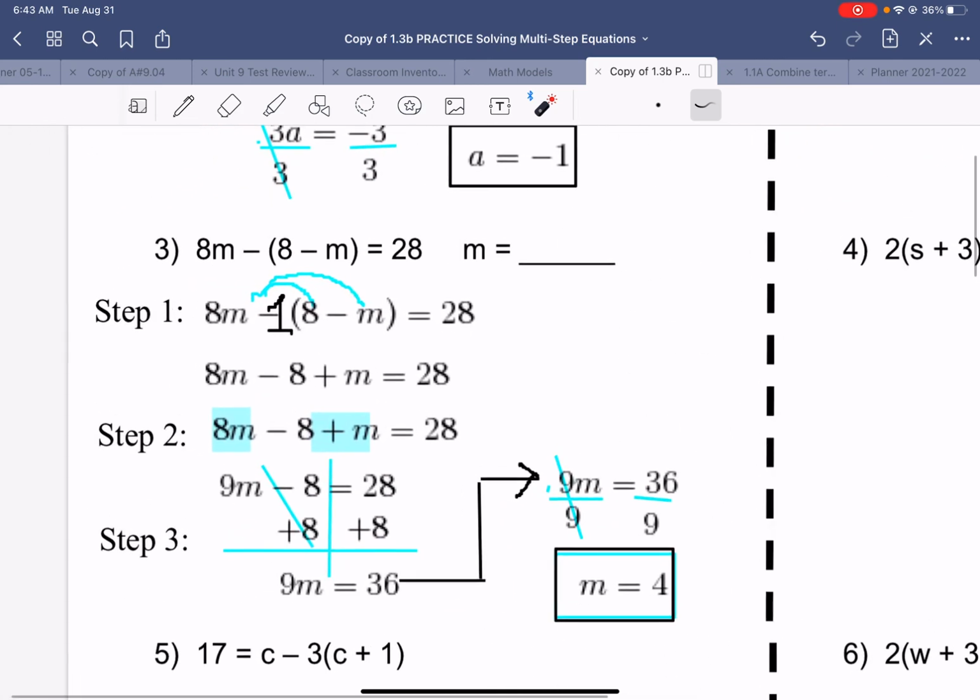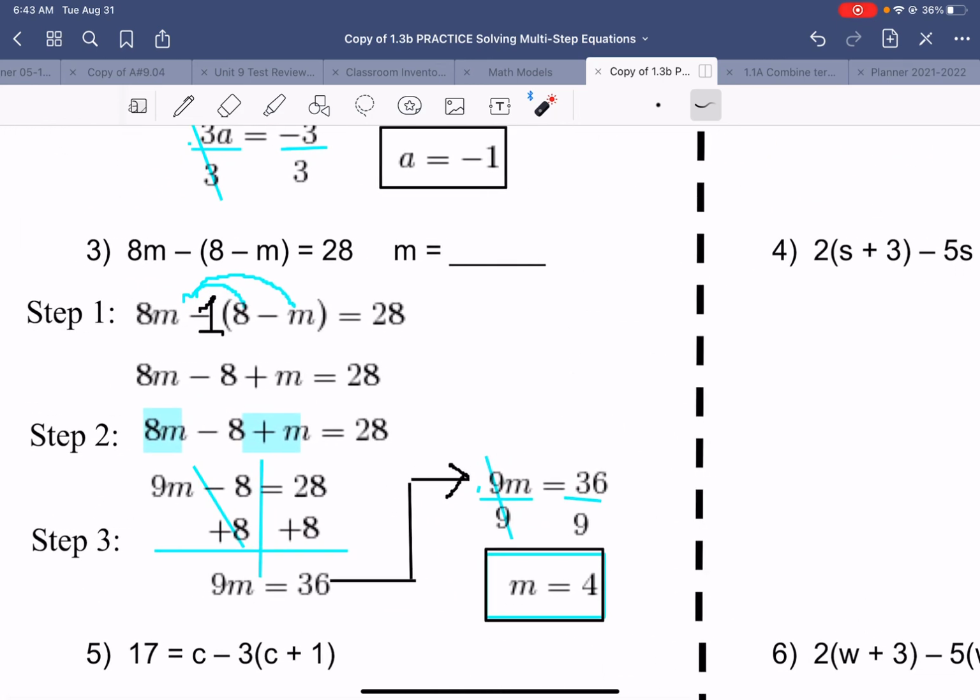All right, this is one I wanted to go over because this has all 3 steps. We see this parenthesis right here, and when we see that parenthesis, we know we have to distribute, which is step 1. But notice there's a negative sign in front of the parentheses. Anytime there's a negative sign and no number in front of the parentheses, we have to understand that there is an imaginary 1 right there.